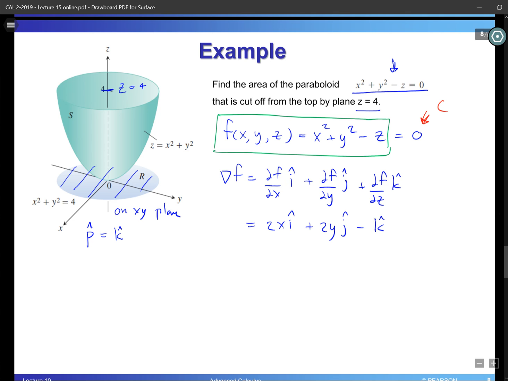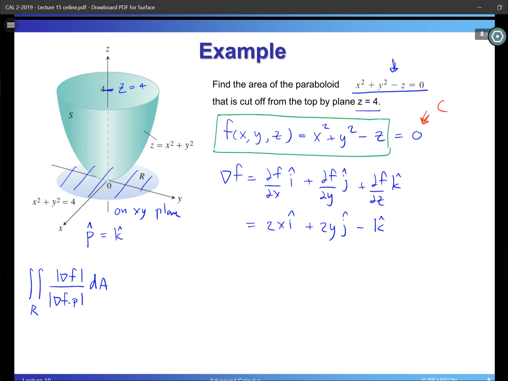And now we need to find, oh, by the way, the formula is this: double integration over the domain region of the absolute value of gradient of f, divided by the absolute value of gradient of f dot p, over this region.